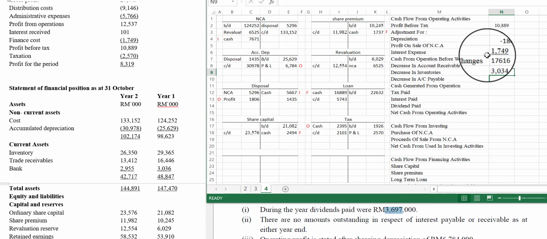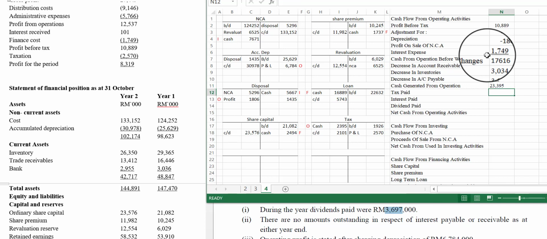The decrease is 3015. Same thing, because you didn't buy the inventory, you still keep the money with you. But when it comes to account payable, it's a different story, because account payable decreased means you paid your creditors, so the amount that you have becomes lesser. So now you have this amount.